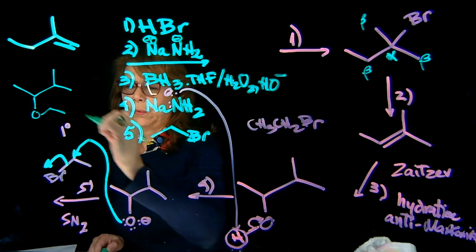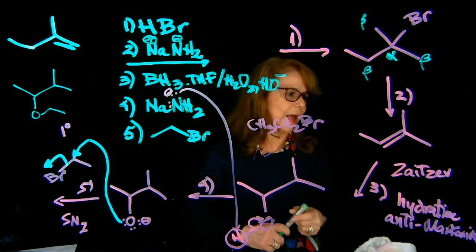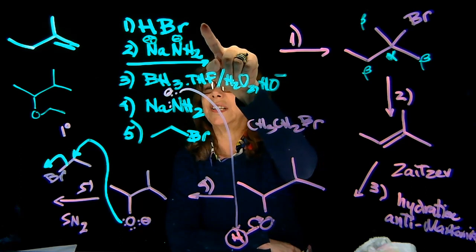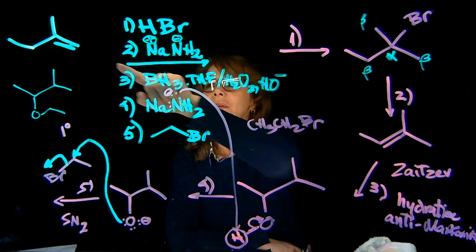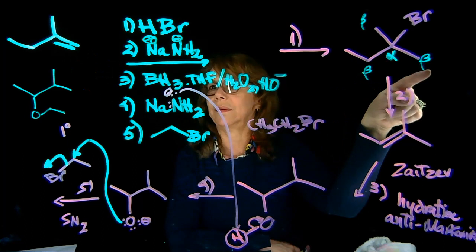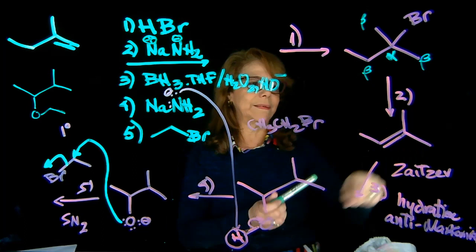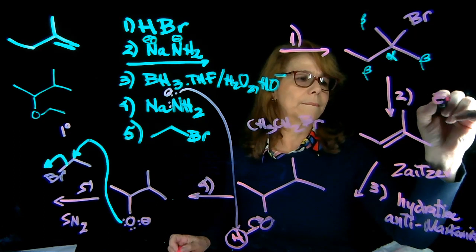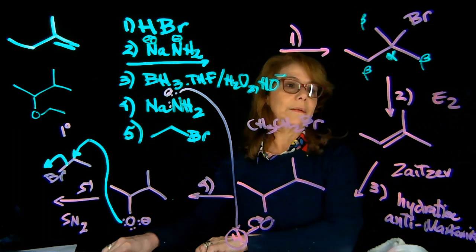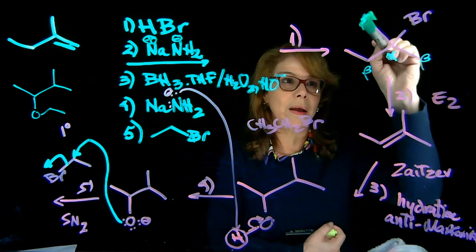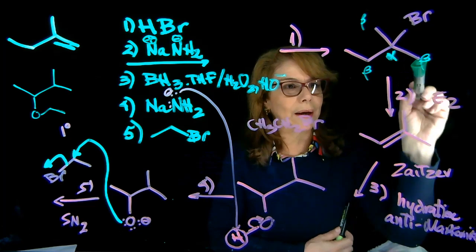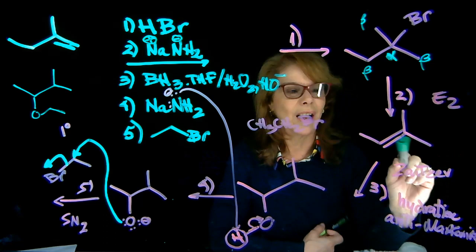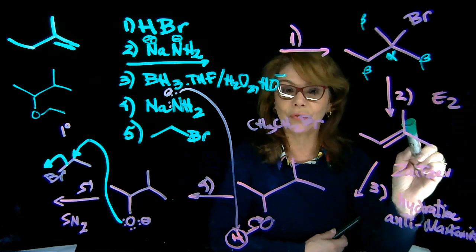So notice what we did was draw the products after each of the steps. Step 1, hydrohalogenation, Markovnikov, so H here, bromine here. Second step is a beta elimination, so it is an E2. We need to identify the alpha and beta positions. Small bases will give you the Zaitsev product, the more substituted alkene.